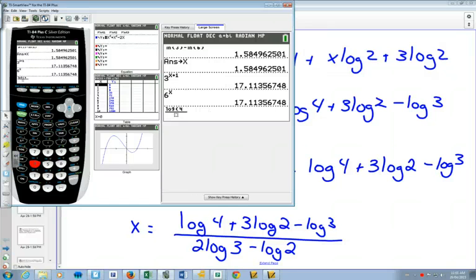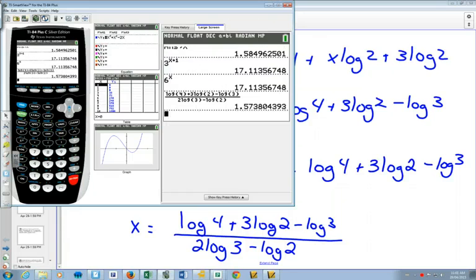Log 4 bracket plus 3 log 2 bracket minus log 3 all over 2 log 3 minus log 2. Enter. So apparently 1.57 appears to be the answer.